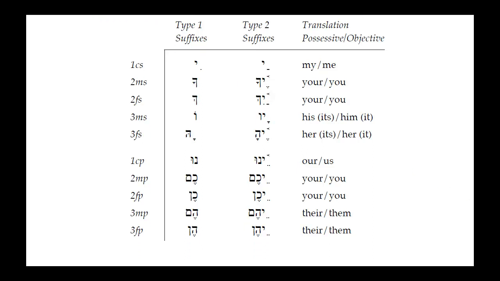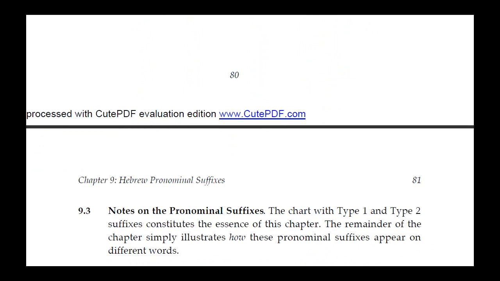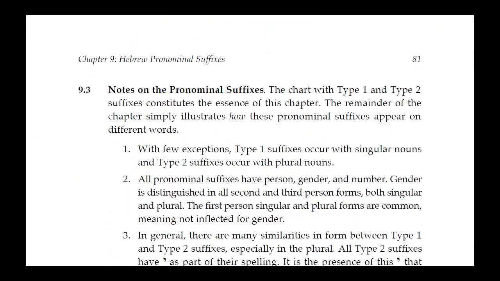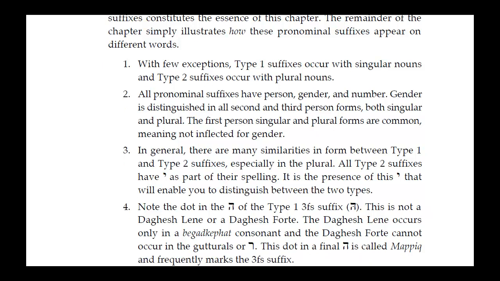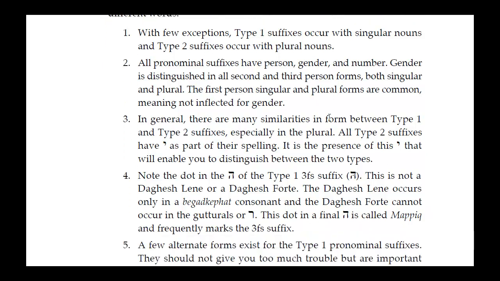But let's go ahead and go into the notes here and just explain the type 1, type 2 here. Again, as I said before, with few exceptions, the type 1 suffixes occur with singular nouns, and type 2 suffixes occur with plural nouns. All pronominal suffixes have a person, first, second, and third, a gender, male or female, and a number, singular and plural.